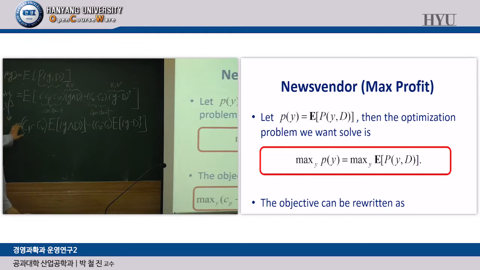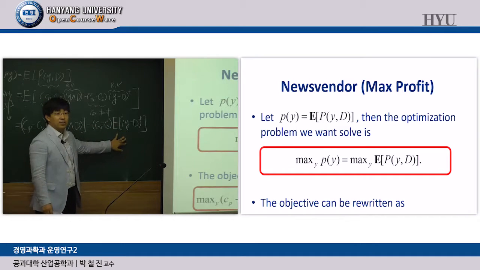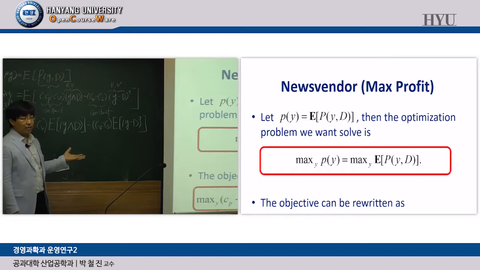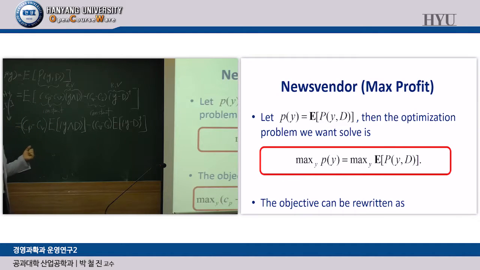So now to calculate the function p of y, as long as c sub p, c sub v, c sub s are given numbers, and as long as we can calculate this expectation and this expectation, then we can calculate the expected profit in this problem.